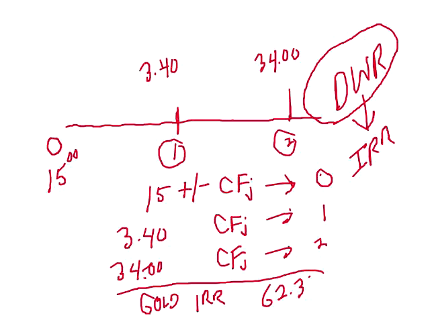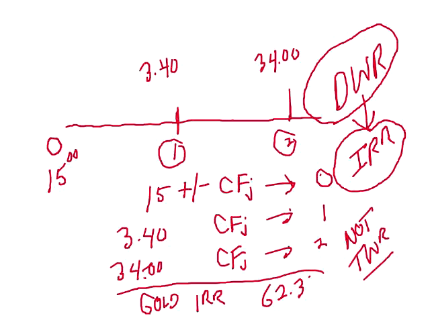So dollar weighted return is the same as the IRR. It is different than the time weighted return. This was the dollar weighted return, the internal rate of return.